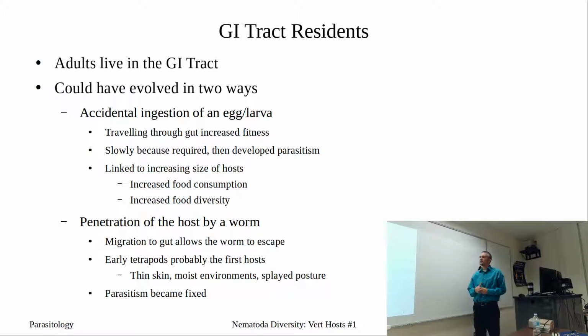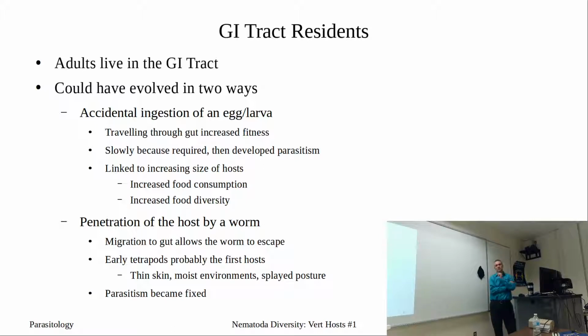Then most of those individuals were probably killed, probably digested. But all it took was a single mutation that allowed the worm to survive and pass through. So now you've got a mutation where the worm can survive accidental consumption and continue reproducing out in the soil. These are soil nematodes. But what if another mutation developed that allowed the worm to persist just a little bit longer?